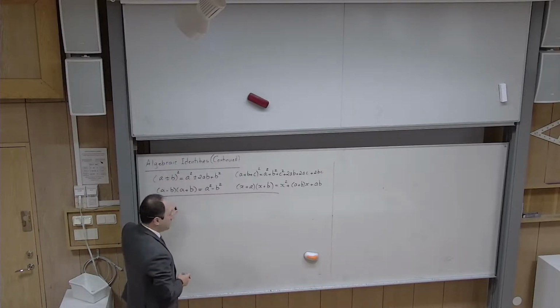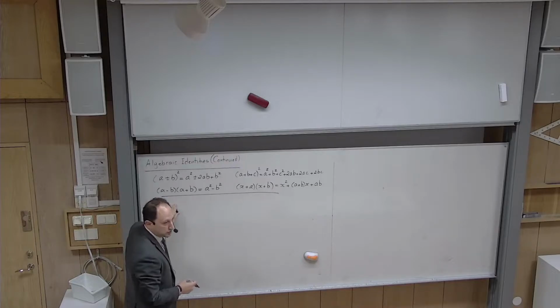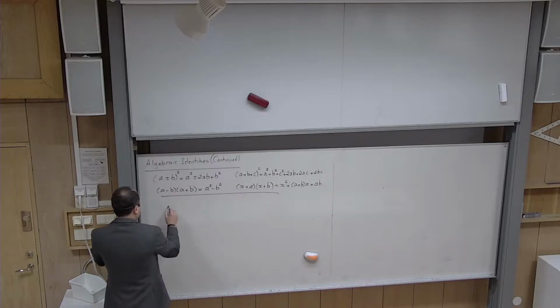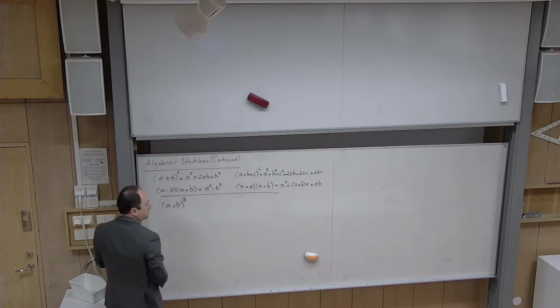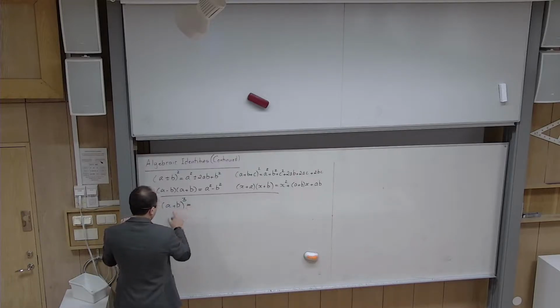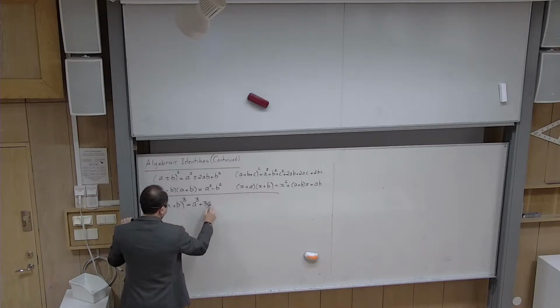What I write here, you always have it in the formula sheet, but usually you don't use it. And that is this. If I have (a plus b) to the power of 3 rather than 2, the answer is this. So this becomes a to the power 3 plus 3a squared b.